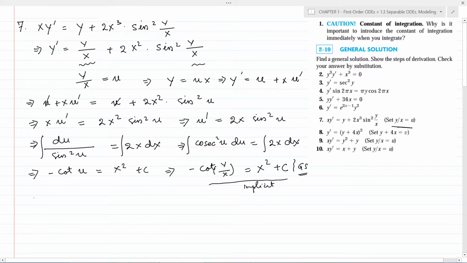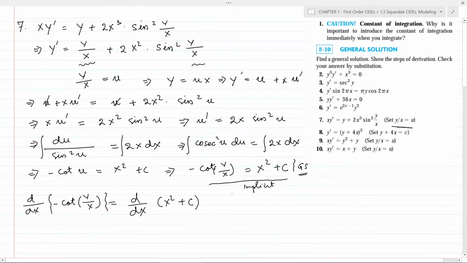We can differentiate the general solution both sides with respect to x to get the original differential equation. So we can write d by dx of minus cot y by x is equal to d by dx of x square plus c.